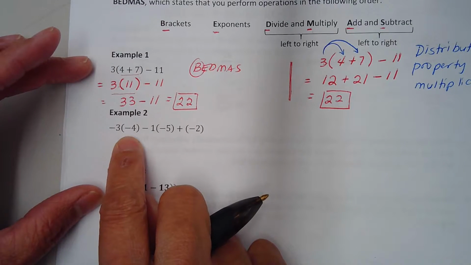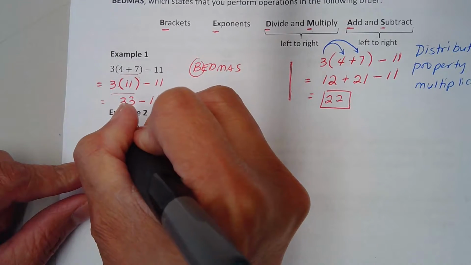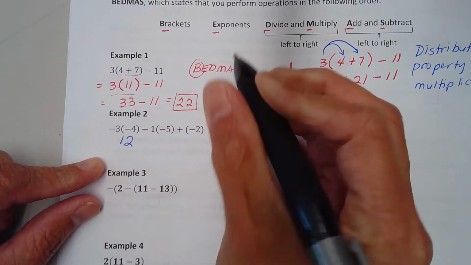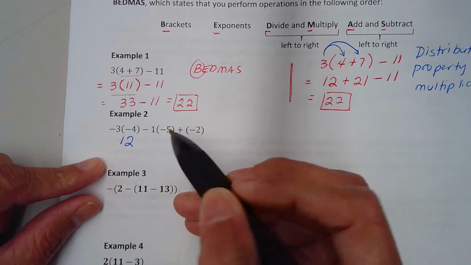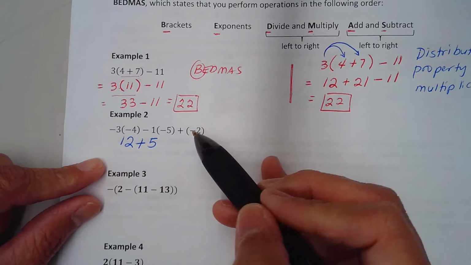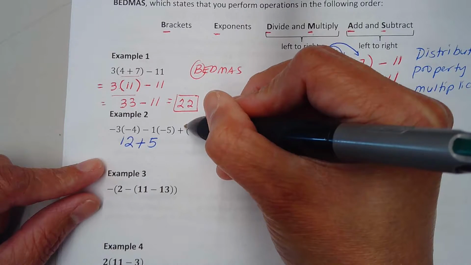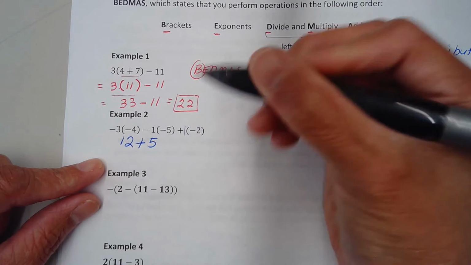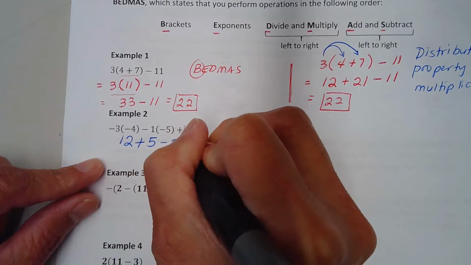Here, remember our multiplication rule. Negative times negative is a positive. So it's going to give us positive 12. Then -1 times -5 is going to give us positive 5. And then, what happens here? You can think of an invisible 1 there. So 1 times -2 is -2.